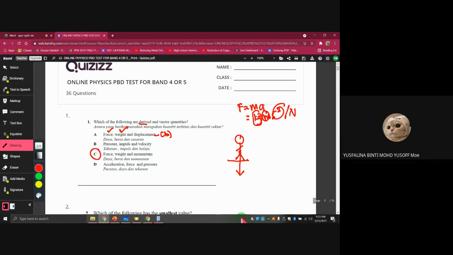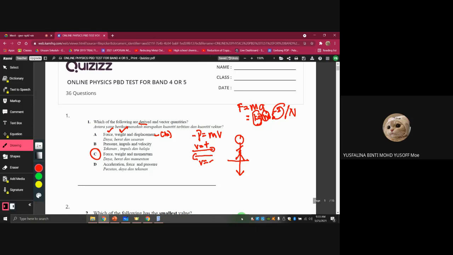Why is the momentum a vector? This is the formula of momentum, right? It uses a velocity, and the velocity has a direction. I already said if the velocity of the object moves to the right, you consider it positive. But if it moves to the left, the v must be negative. So if it moves to the left, now the p will become negative. So it's a vector.